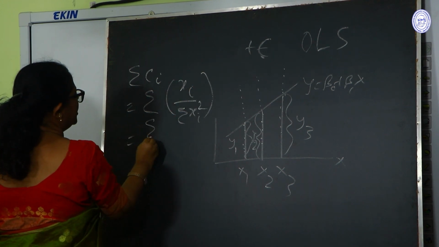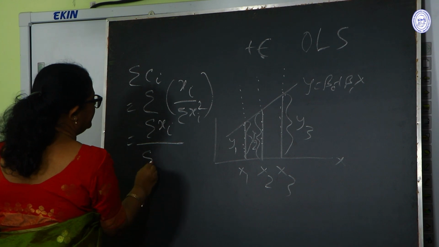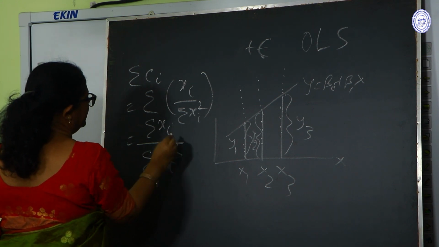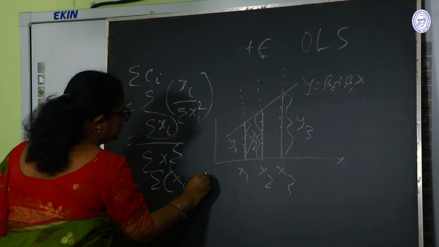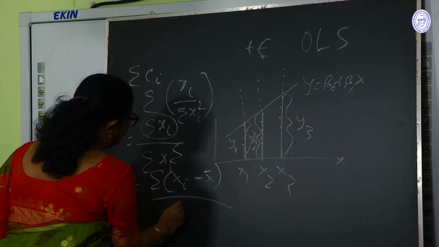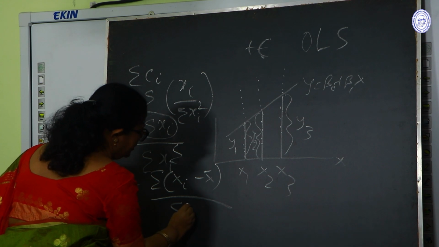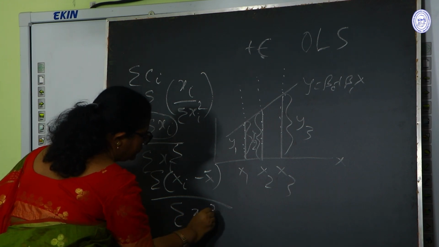That means summation of xi minus x bar divided by summation xi square.